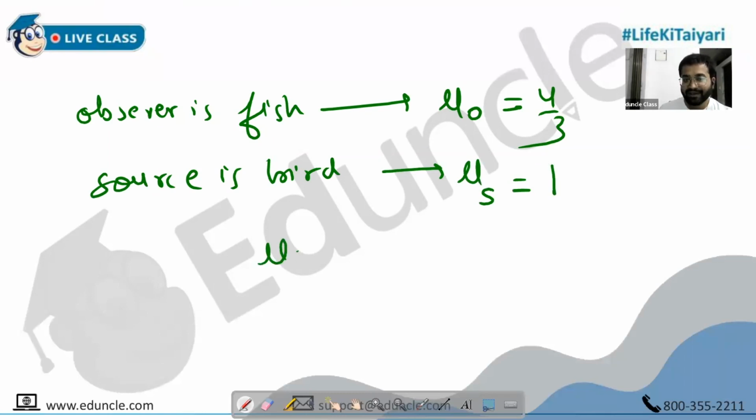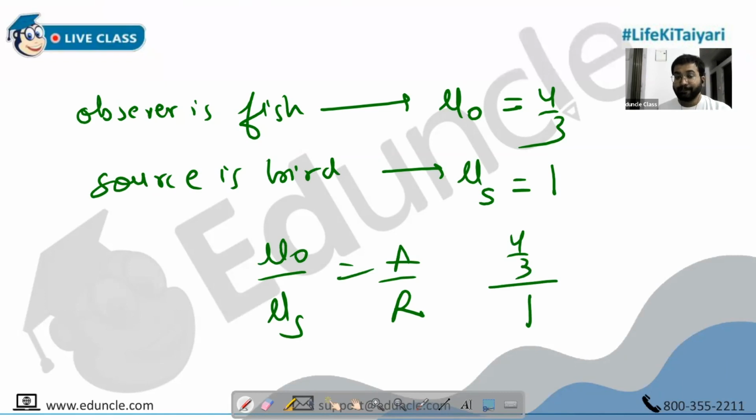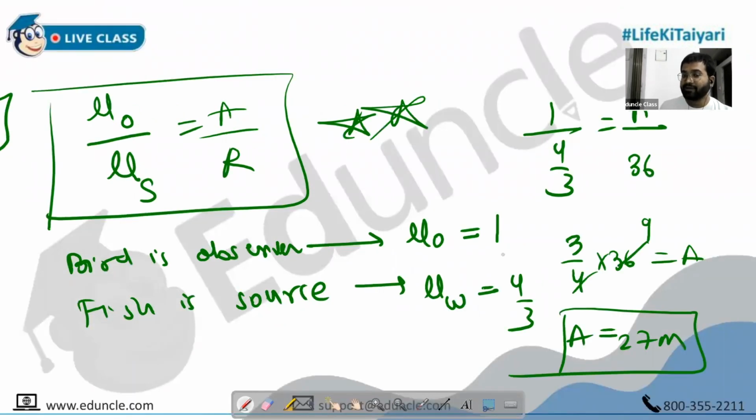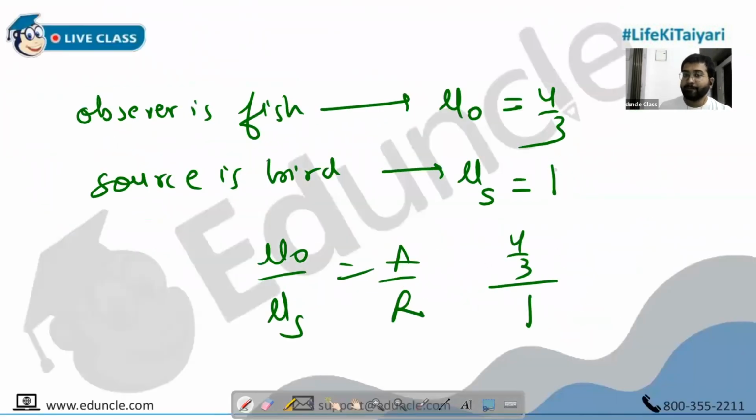Now source is 1. So mu O upon mu S, it is apparent upon real. But now observer is 4/3 and source is 1. People, initially observer was 1 and source was 4/3. Now observer is 4/3 and source is 1, because obviously now fish is the observer and bird is the source. Fish is observing the bird. So 4/3 upon 1, this is apparent upon real.